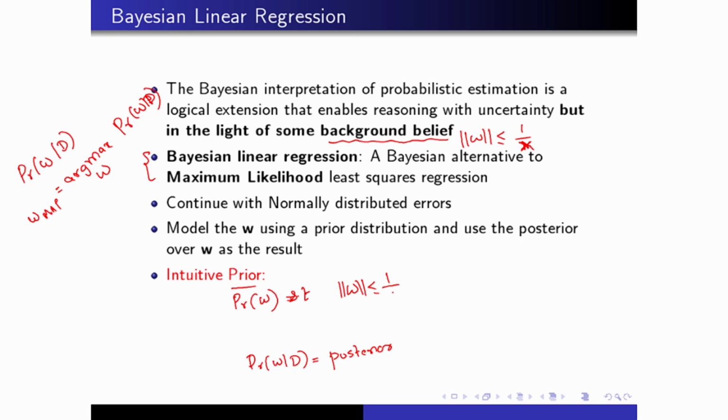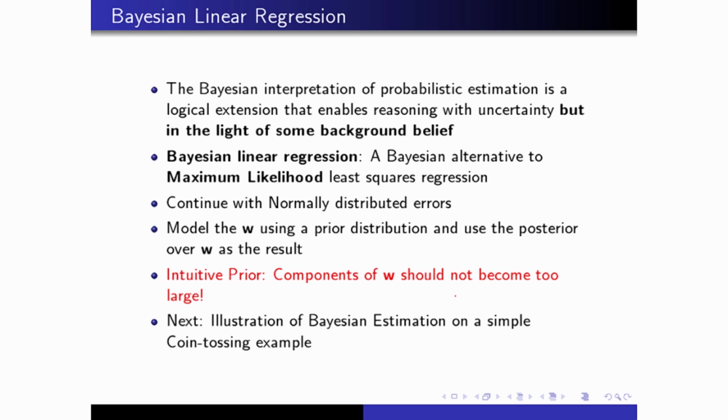Now this should ring bells and motivate you to look at the Gaussian distribution once again. However, before we jump into Bayesian linear regression, we will motivate Bayesian estimation with a much simpler problem, and that of the simple coin tossing example, or rather the Bernoulli random variable.